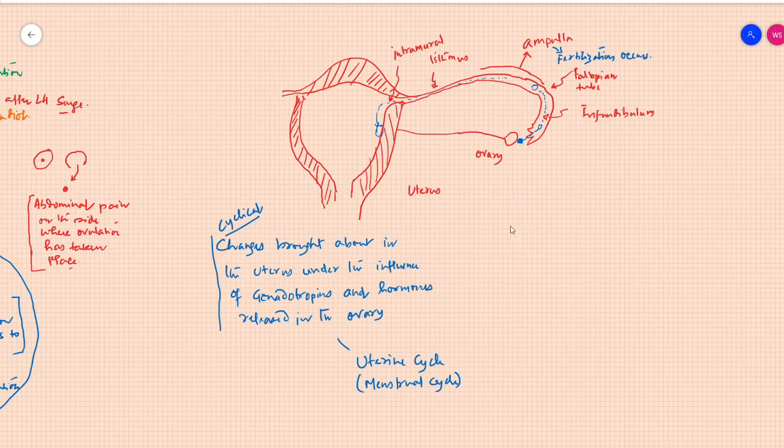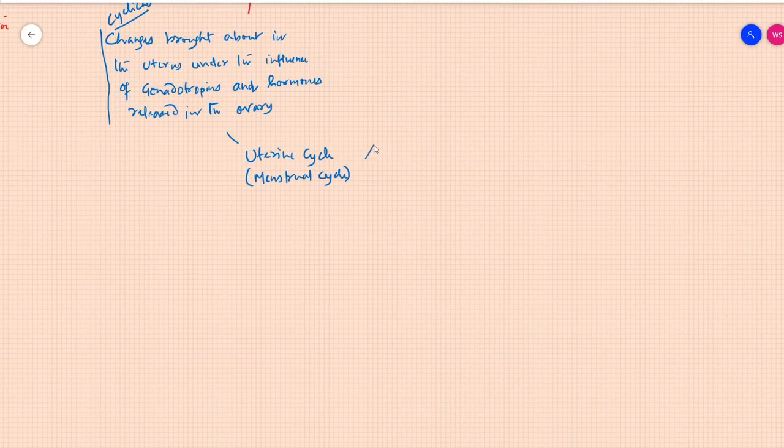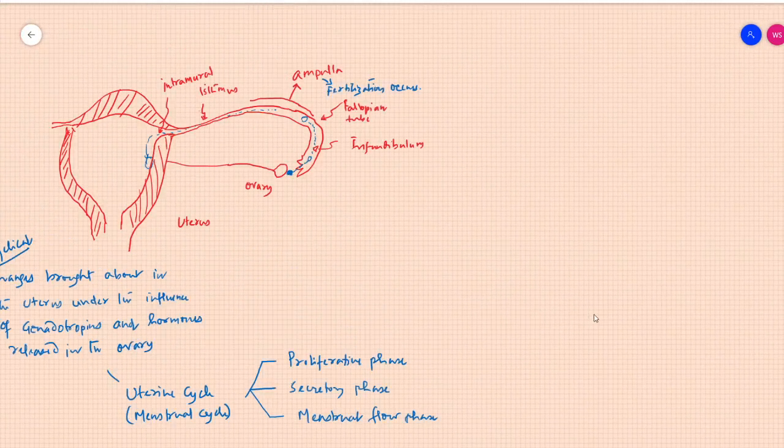The uterine cycle can be divided into 3 phases: the proliferative phase, the secretory phase, and the menstrual flow phase.